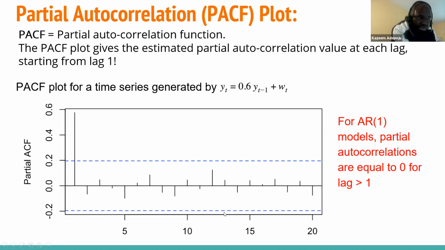When you are talking about an autoregressive model of order 1, you are only talking about the relationship between the current and the immediate past, and there is nothing between them. So for any lag greater than 1, the partial autocorrelation will be equal to 0.